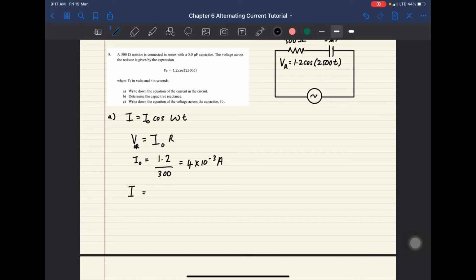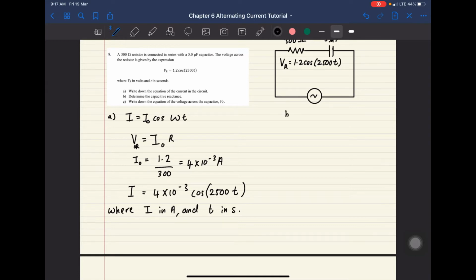I equals 4 times 10 to the negative 3 cos 2500 t, where I is in ampere and t is in second.